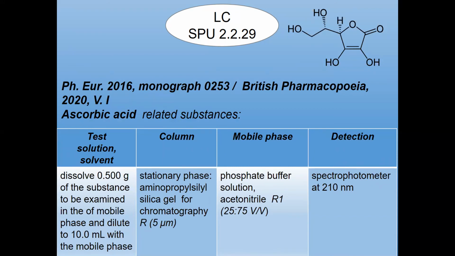Test solution, column: aminopropylsilyl silica gel for chromatography. Mobile phase: phosphate buffer solution, acetonitrile. Detection: spectrophotometer at 210 nanometers.